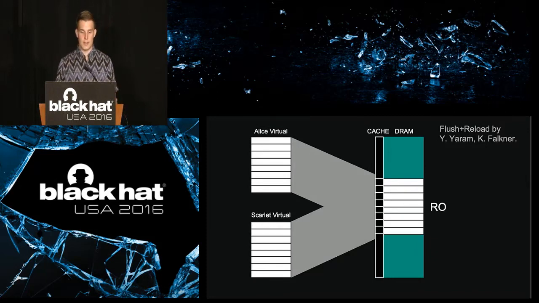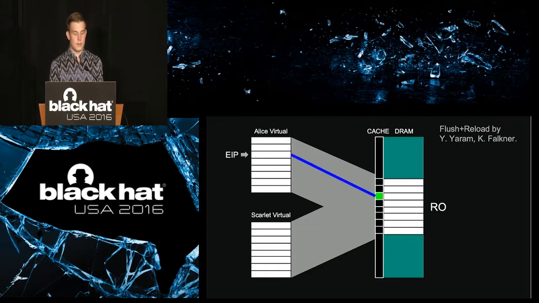But in reality, there's a cache in front of the memory, and all of the lines of memory are either in the cache or out of the cache. What the cache really is, is some shared state between Alice and Scarlet that they can both influence and that they can both be influenced by. So the way Flush Plus Reload uses this is that when Alice's program is executing code, that code gets read from memory, and as it's being read from memory, it gets loaded into the cache.